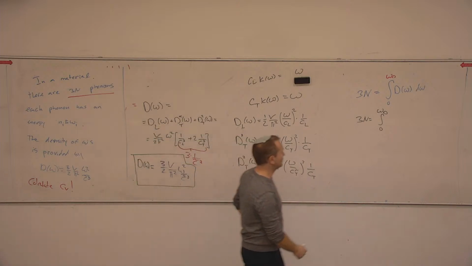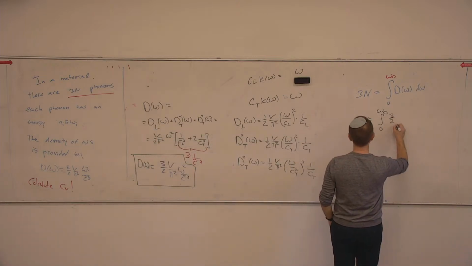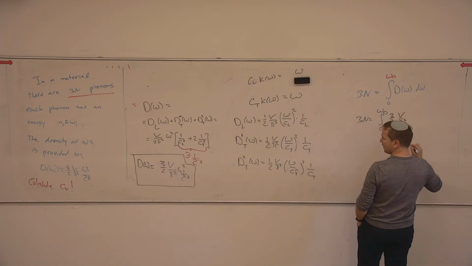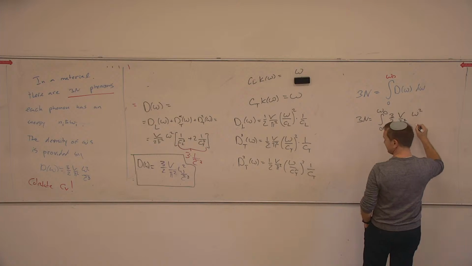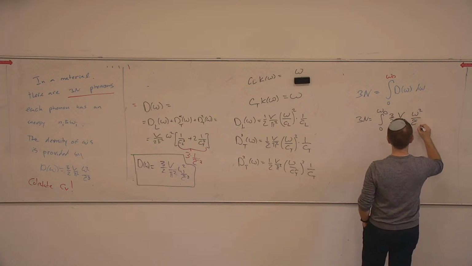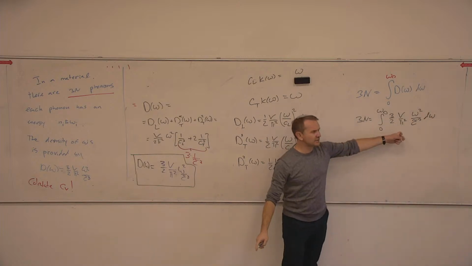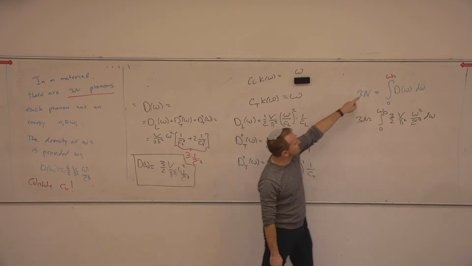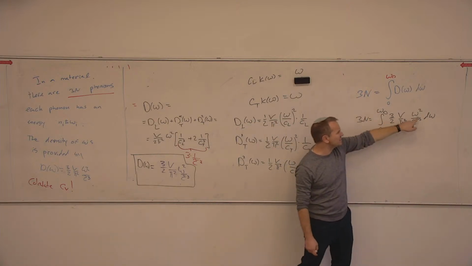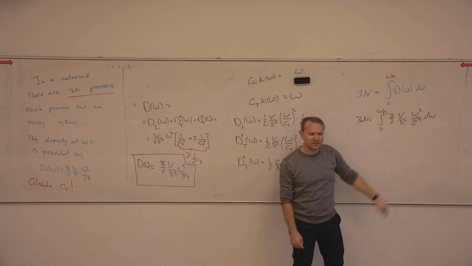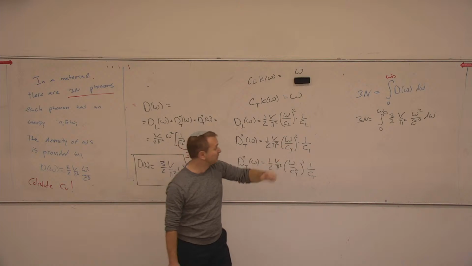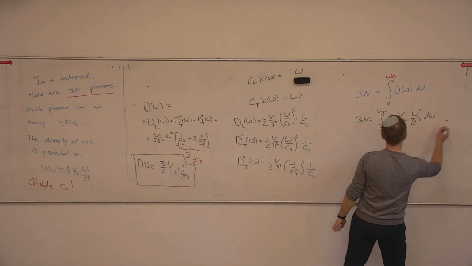This guy over here, which is 3/2 v pi squared omega squared c tilde to the third d omega. So you see from this description that I cannot simply say it's up to infinity. Why? Because omega squared over here will cause the integral to explode. This is why I have to introduce this cutoff, not me, but Debye. Okay, so let's solve it.